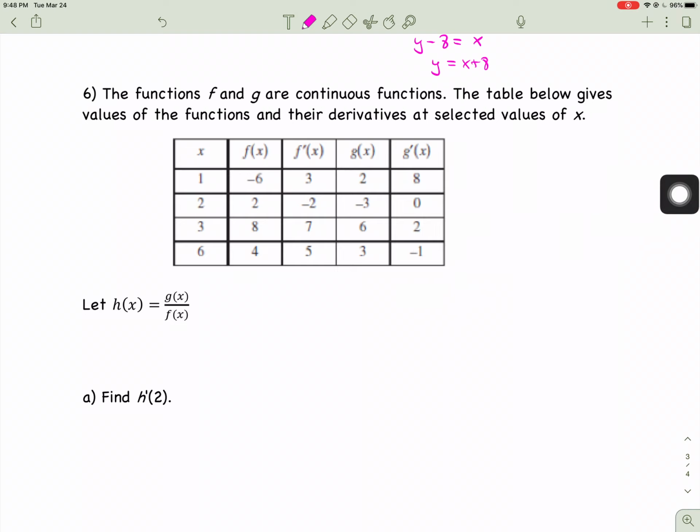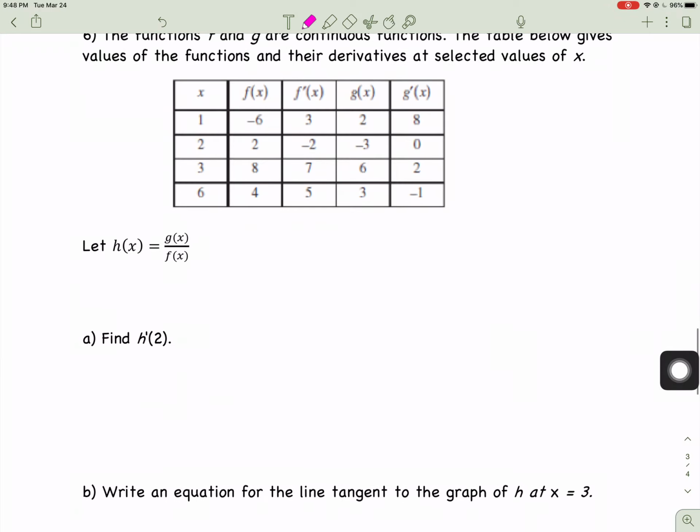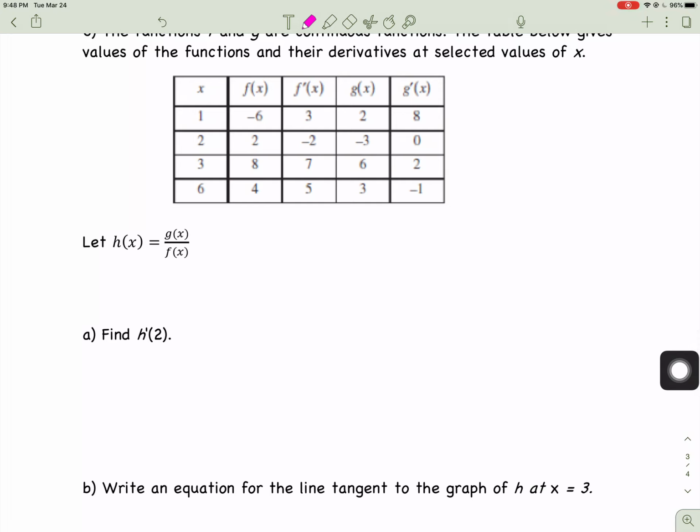So here, what they're saying is this. Let h of x be defined as g over f. So g is the numerator function, f is the denominator function. Right? So here it says find h prime of 2. So h prime of 2, well, let's first find h prime of x, which is low and high.